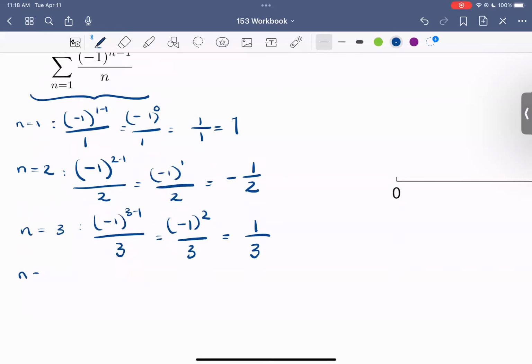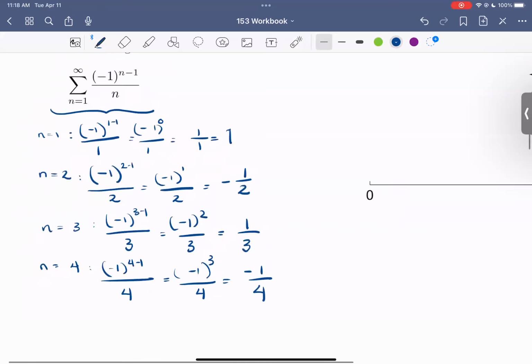Let's do this for one more n. When n equals 4, we have (-1)^(4-1) over 4, which is equal to (-1) to the third power over 4. But (-1) to the third power means we're multiplying -1 by itself 3 times. Two of those negatives cancel out, but we have 1 negative remaining, so we get -1/4.